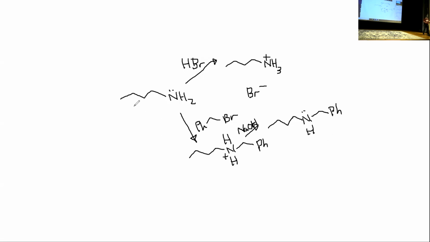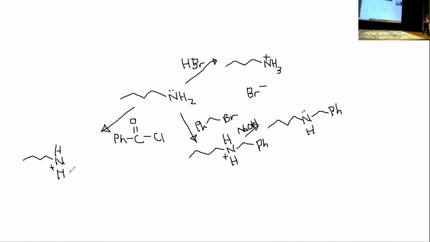And then what was the third thing? Benzoyl chloride. Well, again, whatever is on the halogen, we just stick that on the nitrogen. We still have these two protons, plus.